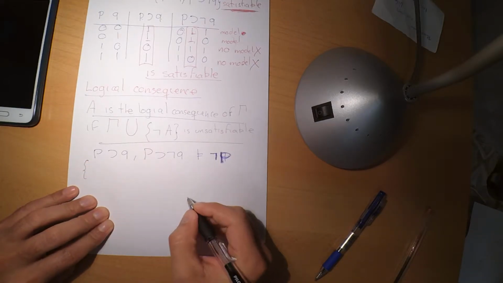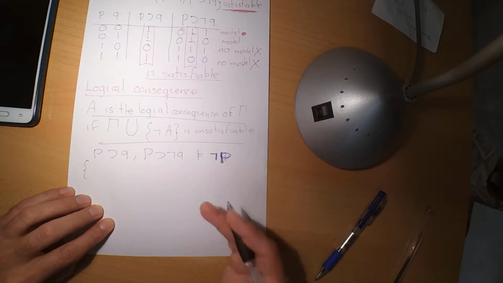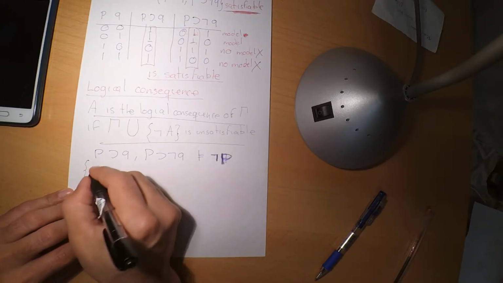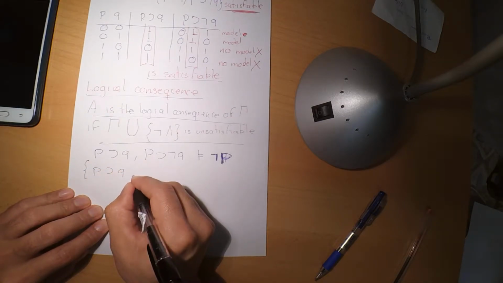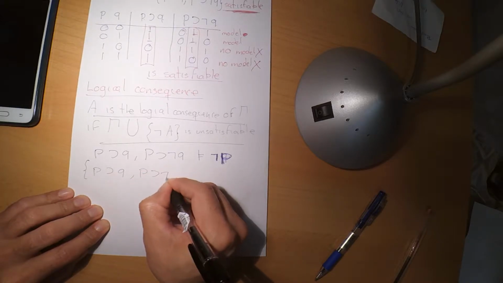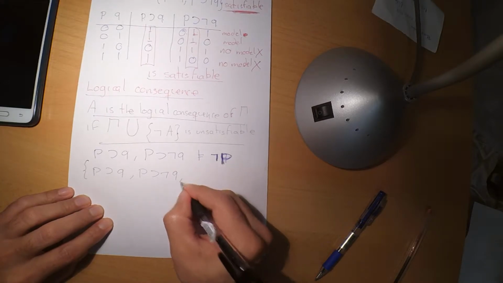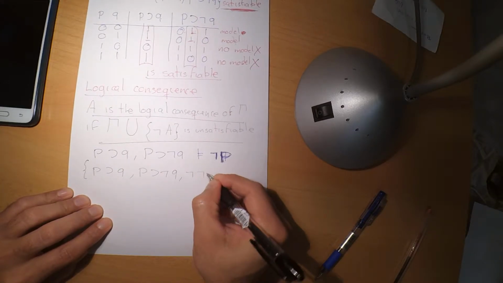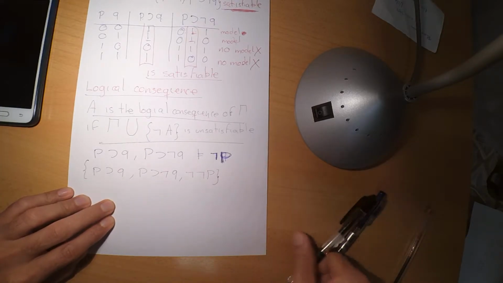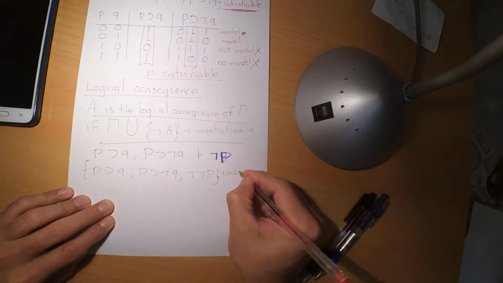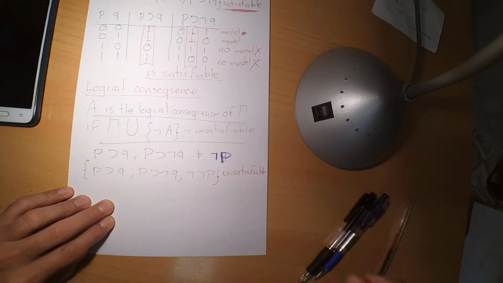We're going to contradict this part. We're going to make the set unsatisfiable. So we say the same P implies Q, comma, P implies negation Q, but here we're going to contradict in the set: negation P. This is going to be unsatisfiable. That is really important, it is the most important part.